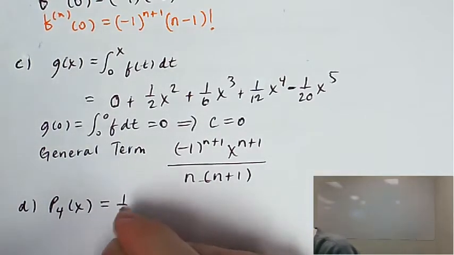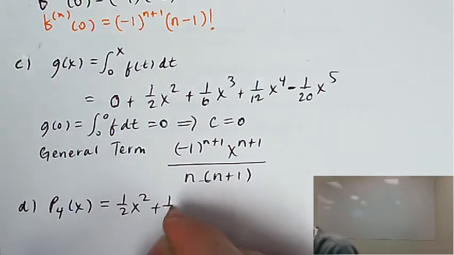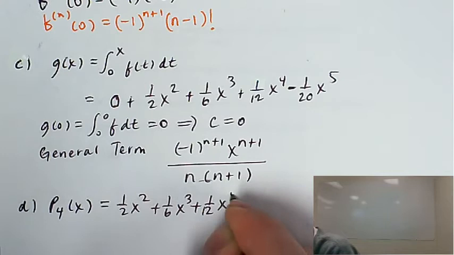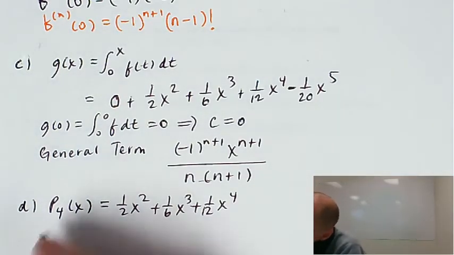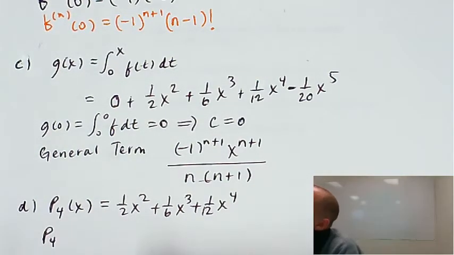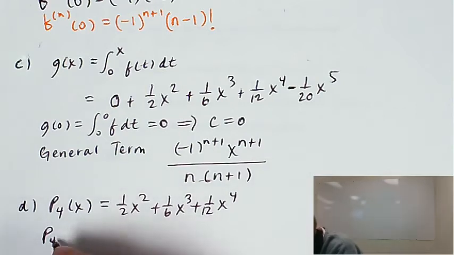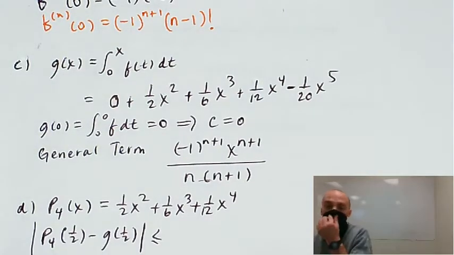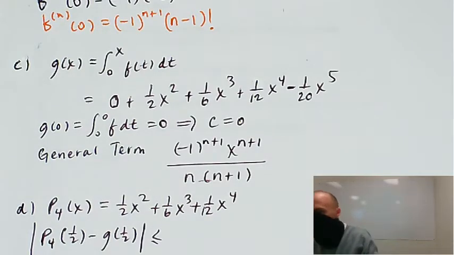Well, that's going to be 1/2 x squared plus 1/6 x to the 3rd plus 1/12 x to the 4th. And so the maximum possible value of the error in an approximation using P4, so the difference between P4 of 1/2 and g of 1/2, is no more than the absolute value of the first neglected term in the alternating series that represents g of 1/2.